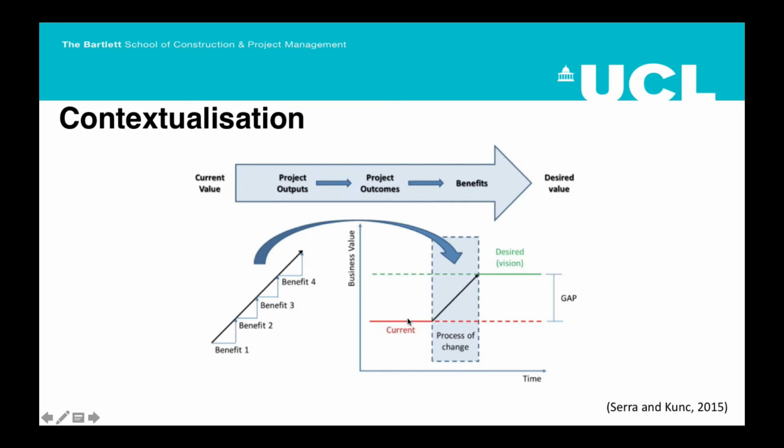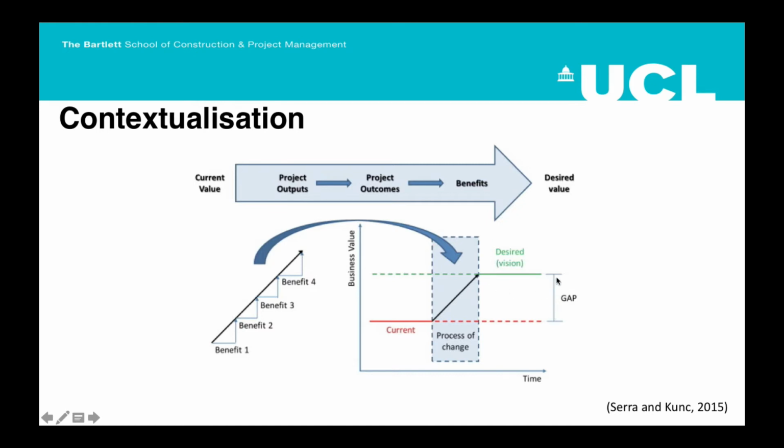So here you can see how through these different benefits from different projects that conform a program, we will go from a current situation to the desired vision. So through the projects and through the project outcomes, we are executing the organizational strategy. We are achieving the vision of the organization.